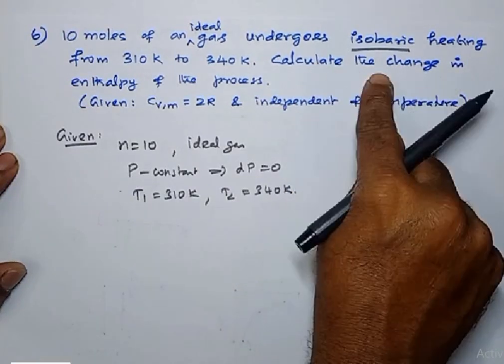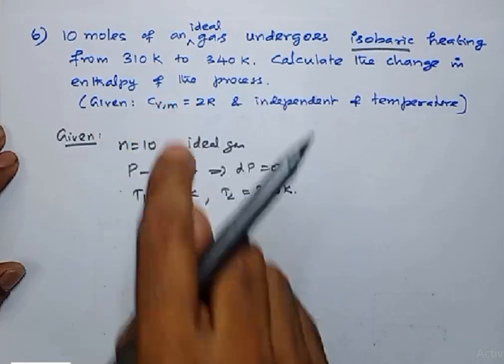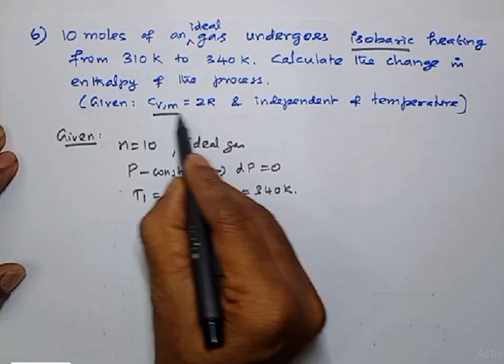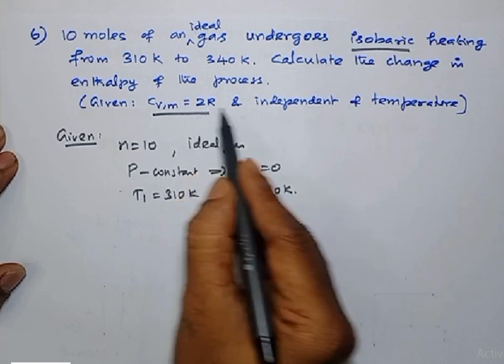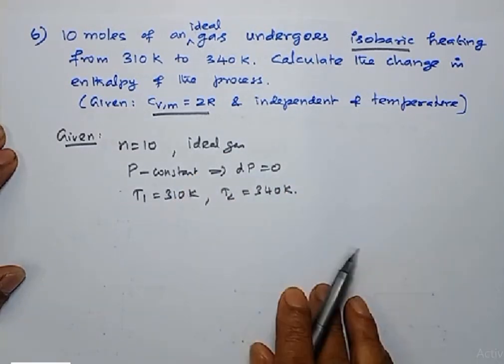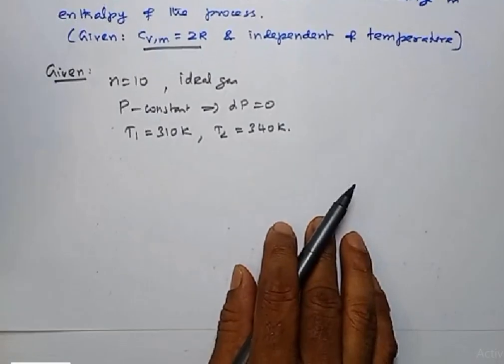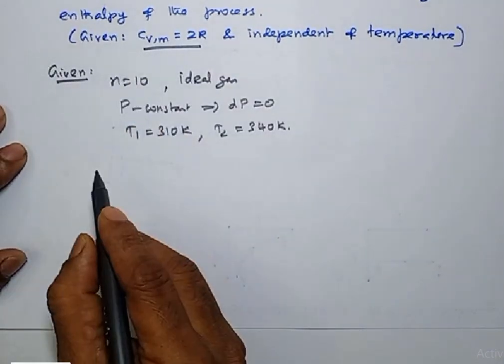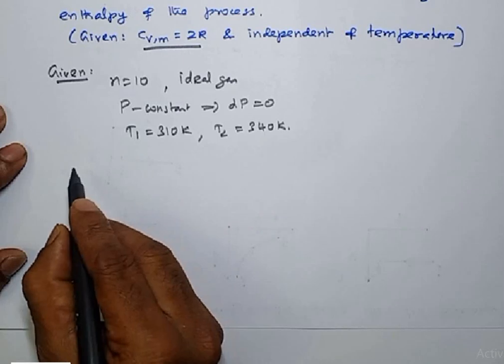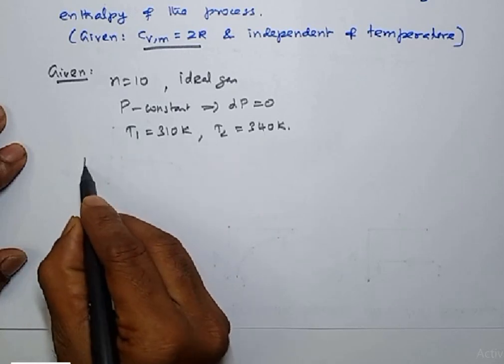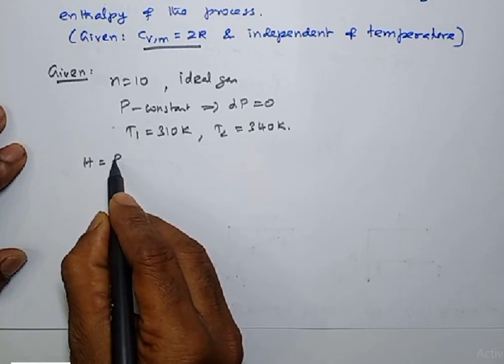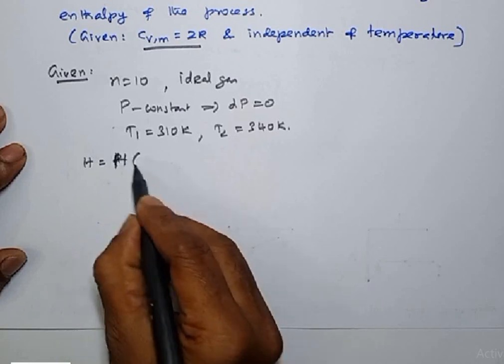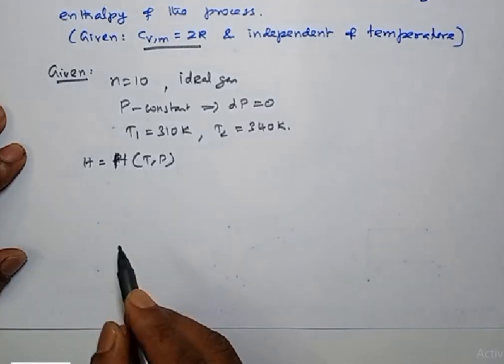What we have to do? Calculate the change in enthalpy of the process, and it is given that Cvm is 2R and it is independent of temperature. Okay, listen. You know very well, in the case of enthalpy, this is the general formula. Enthalpy is a function of temperature and pressure.